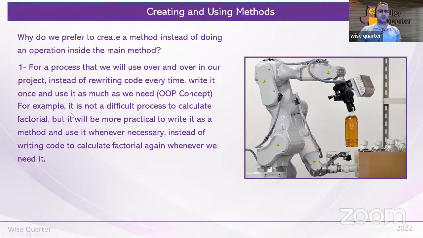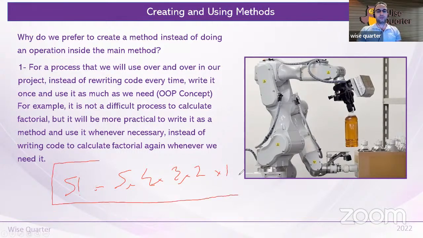So, for example, it's not very hard to calculate a factorial. Let's say 5 times 4 times 3 times 2 times 1 equals 5 factorial. If it was 6, I should just add 6 to it here.